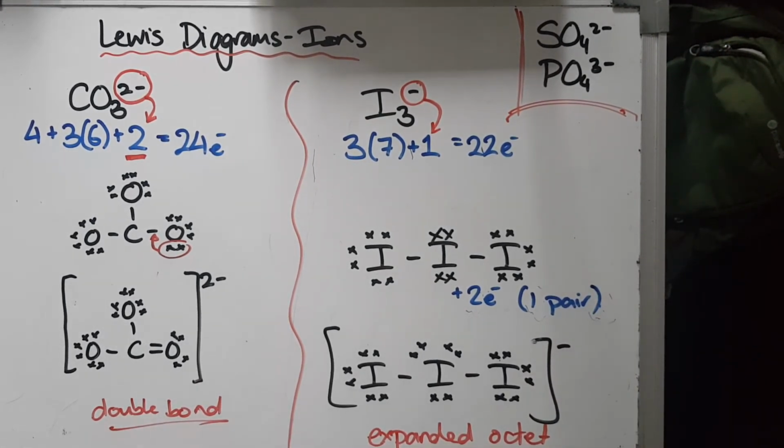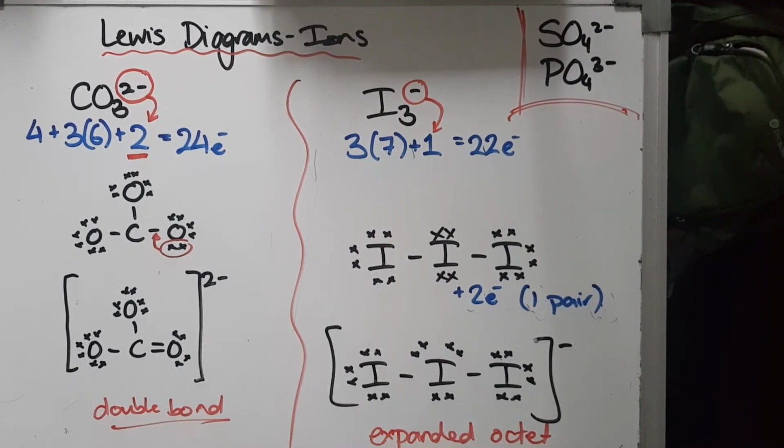Well, iodine, being a lot further down in the periodic table, doesn't use its 3d orbital, but it actually uses, now I've got to try and remember here where iodine is, I think it's the 5d orbital that it's using. So it can actually expand the octet. So it can have 2 more in here. This other pair can go to the central atom here.